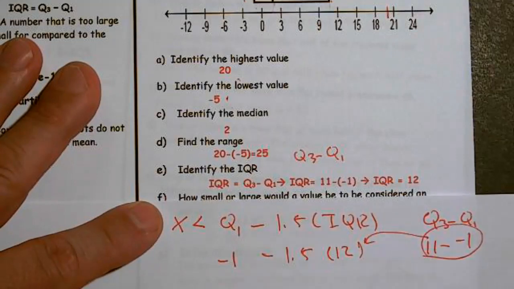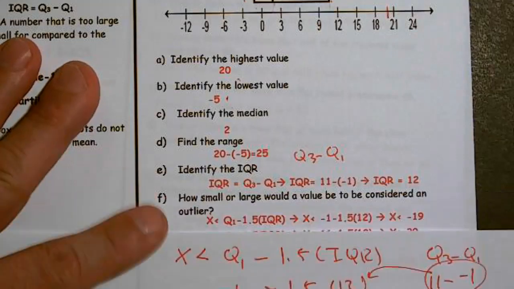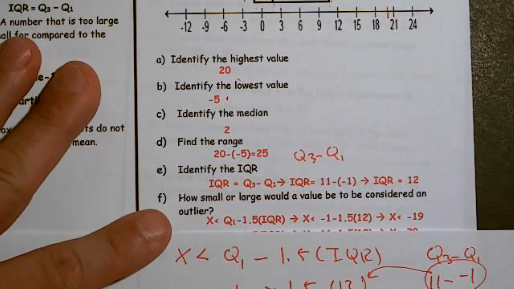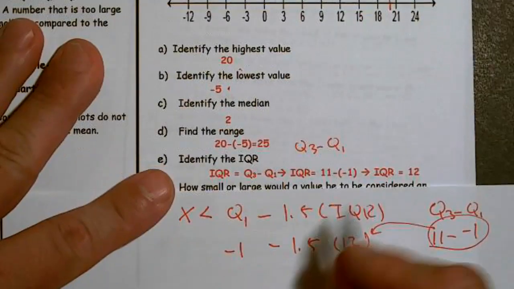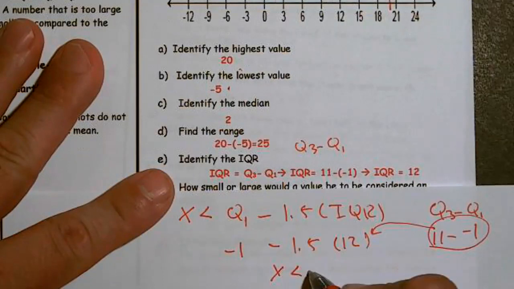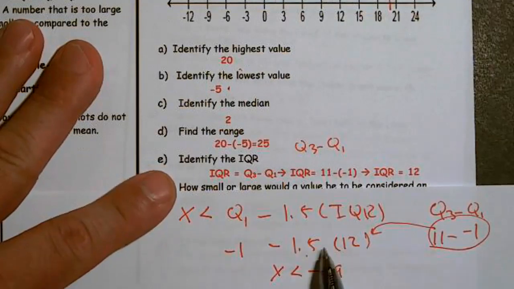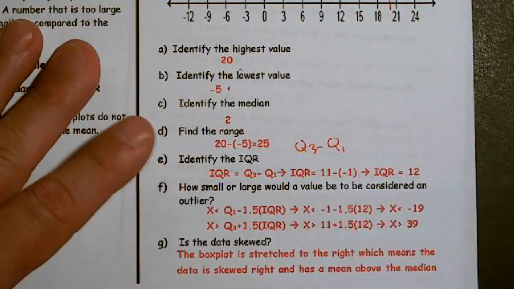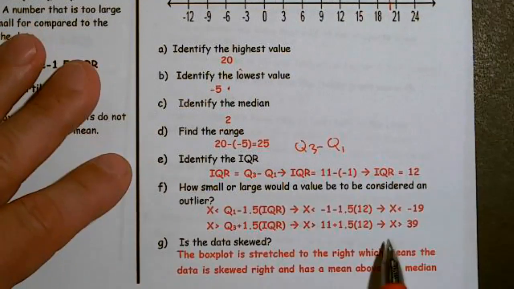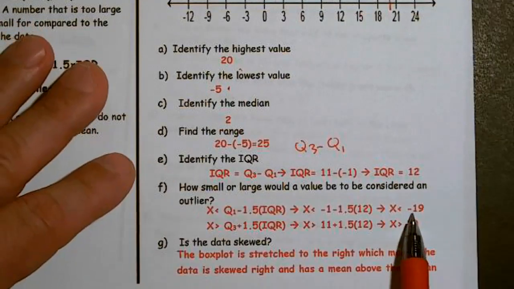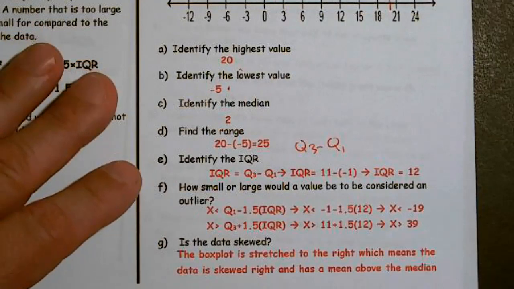That's where that came from. When I go about solving that, I end up getting X is less than -19, because this ends up being -18. So -19 would not be an outlier, but anything less than that, anything more negative, would be an outlier.